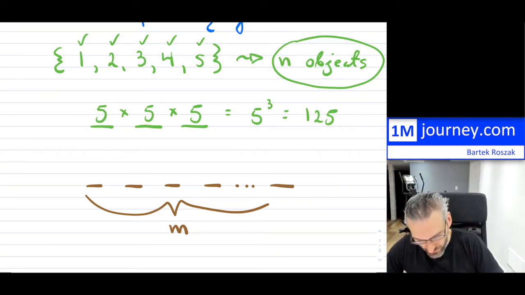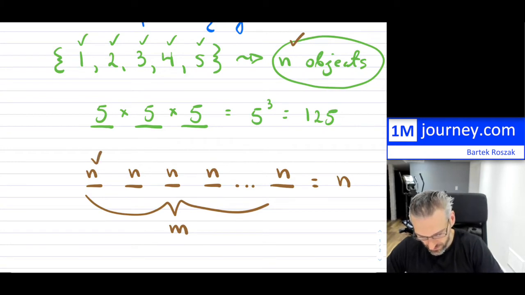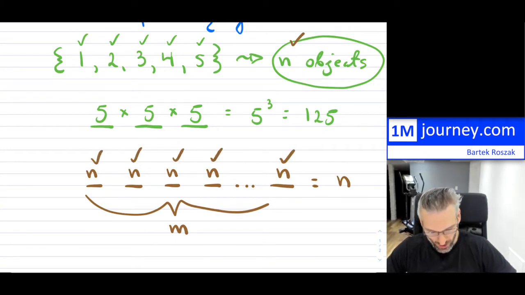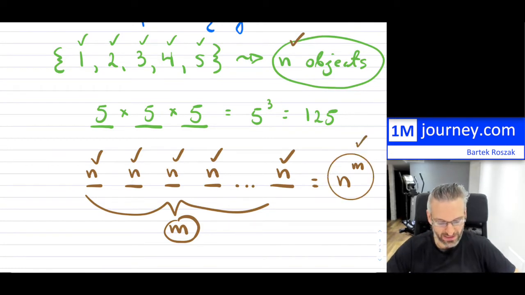Then we would take n objects, so this would be n. Again, we could repeat, so it can be n again, and n again, and so on for every single one. So we have n of them to choose from, and how many times? m times. So our exponent would have been m. So our general formula is n to the m if we're allowed to repeat the objects.